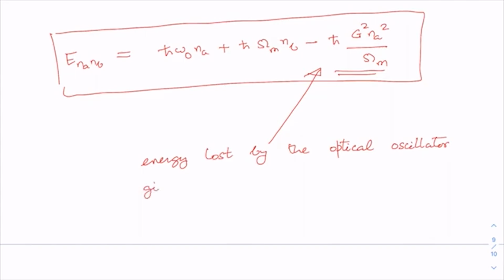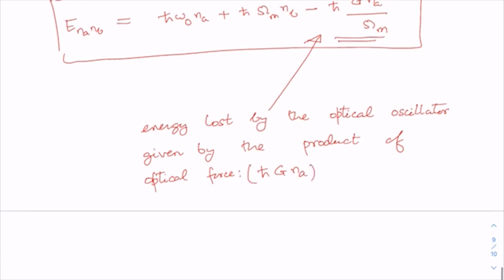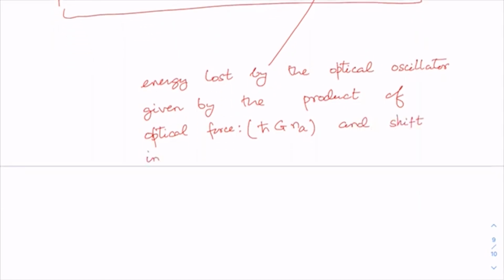It is given by the product of the optical force and the shift in the equilibrium position of the mechanical oscillator.